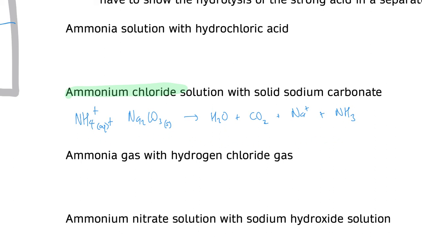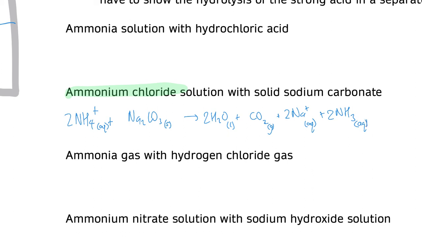To balance that equation, you would need to double this, double this, double this, double that, and that's it. Add in a few states, and there's your ionic equation. That's going to be aqueous because it's being done in a solution.